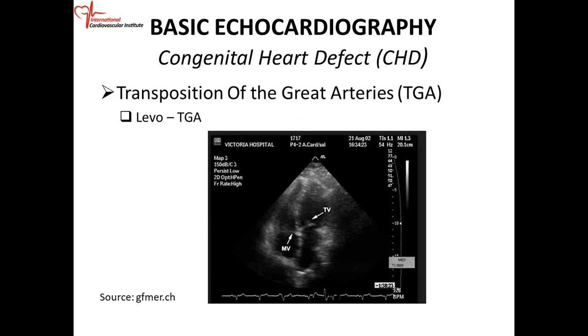Okay, so for your D transposition, just think of it in terms of the arteries being transposed. The arteries are reversed, and you can see that the circulations are not going to mix. It's not compatible with life unless you have some type of shunt defects.